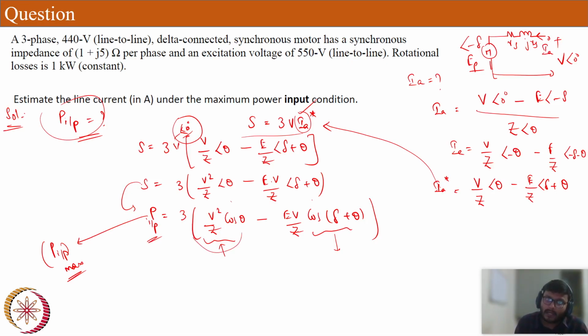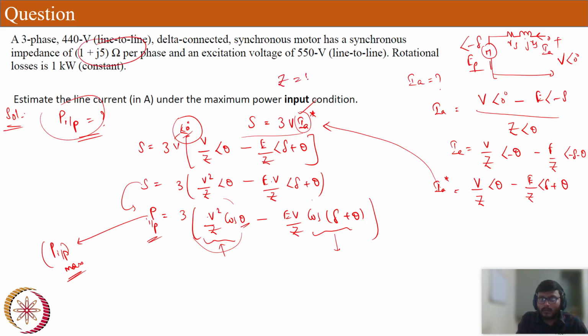So this is the highest value and we subtract a very minimum value from it, then only it will be maximum. But what factors do we have control over in this expression? V is given, Z is given, and theta is also fixed, because 1 plus 5j is my impedance.